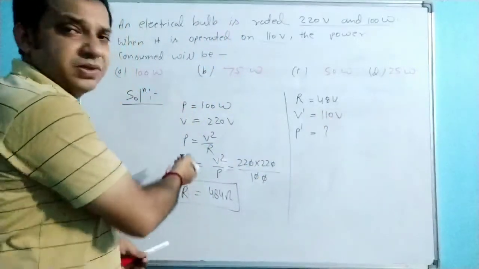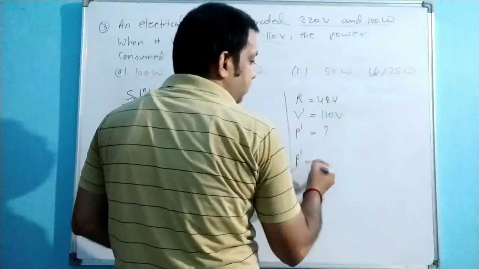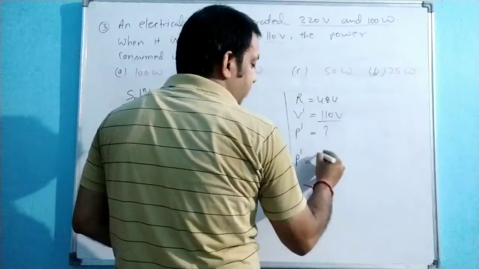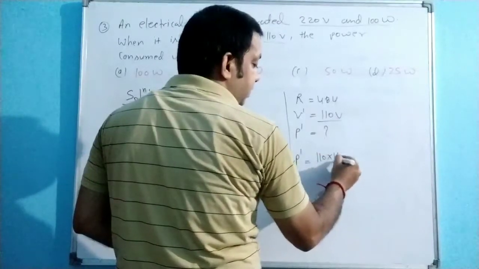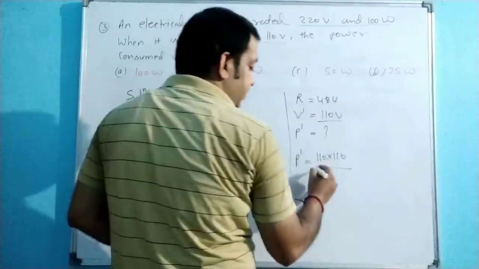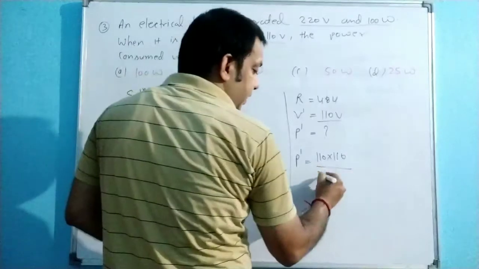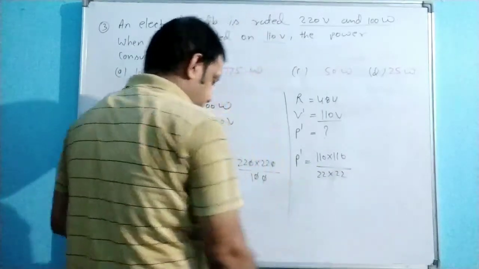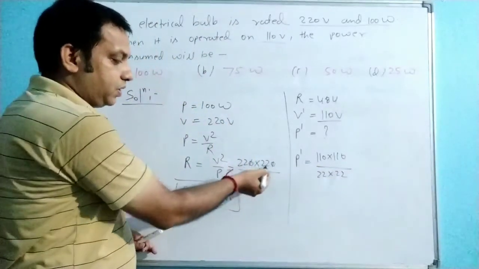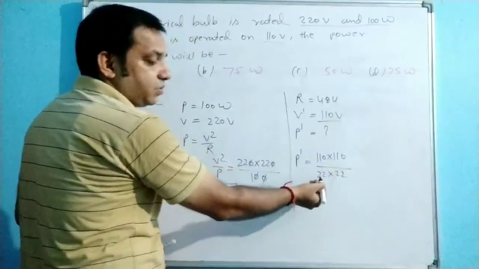Again, we know the formula P is equal to V square by R. Just apply the formula. So P dash is equal to V square. So this time 110 into 110 divided by the value of the resistance. R is 484, so I am writing it like 22 into 22, because 22 into 22 is 484. So for the simplification, I am writing again 22 into 22.